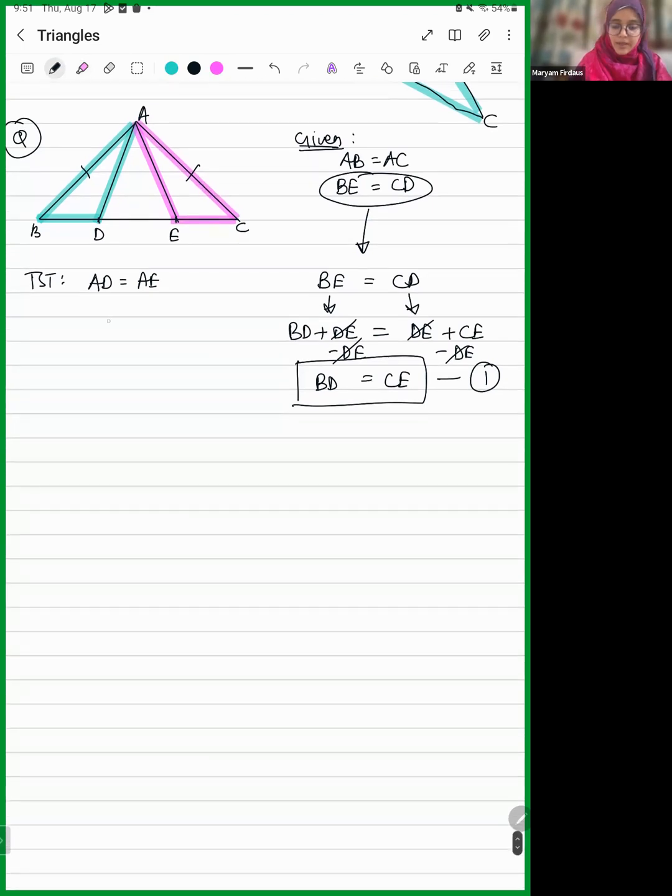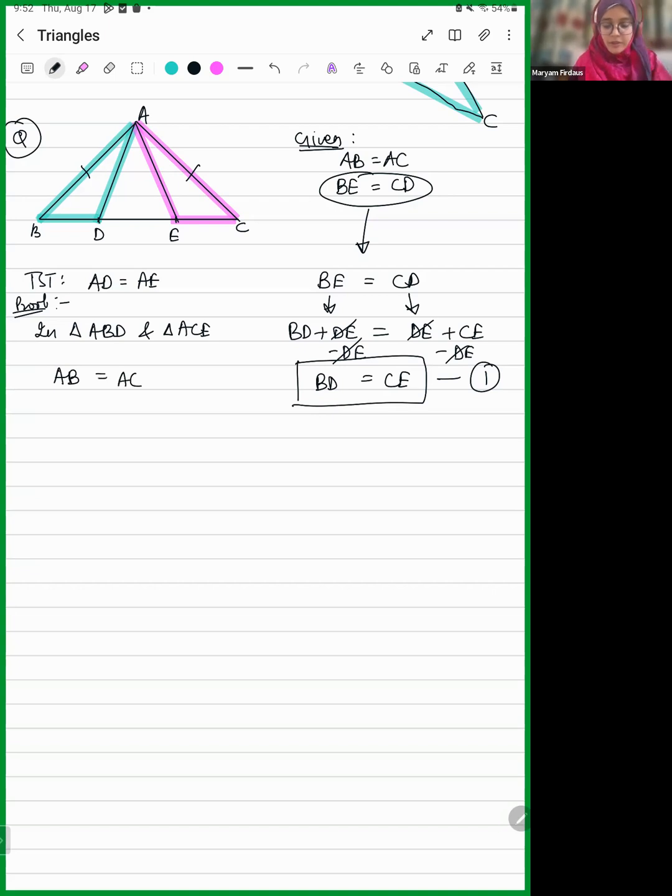Now in these two triangles, what all do we have? AB equals AC. So first let's write, in triangle ABD and triangle ACE, AB is equal to AC.